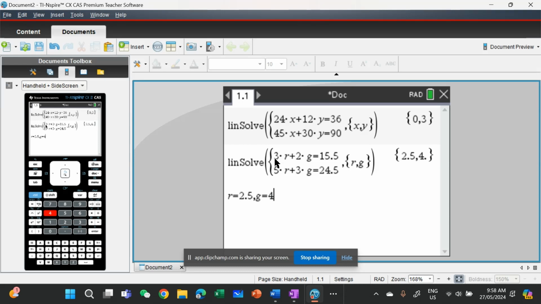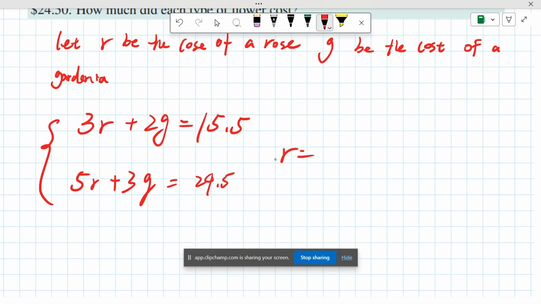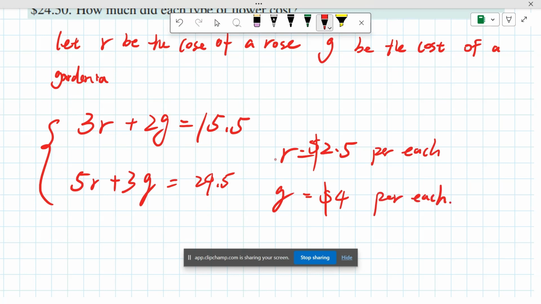So it's not too bad actually. So now what we say is R equals $2.5 each and G equals $4 each. Yep, that's it.